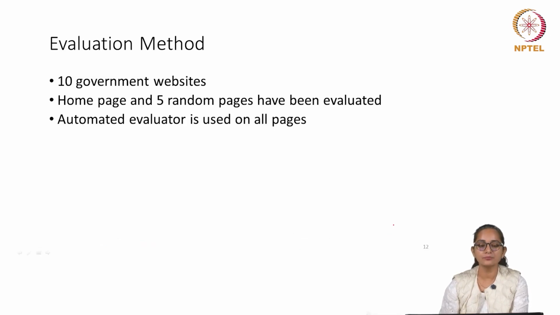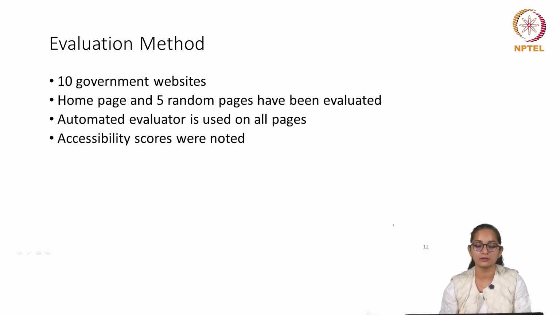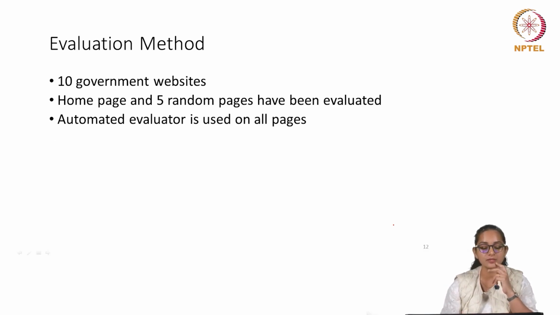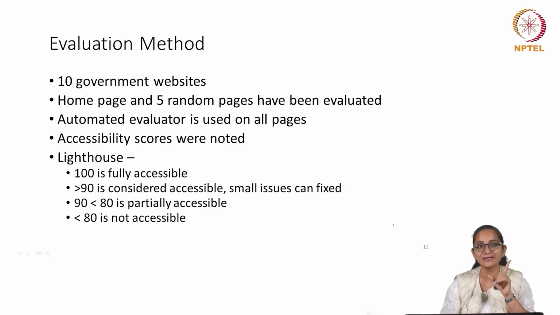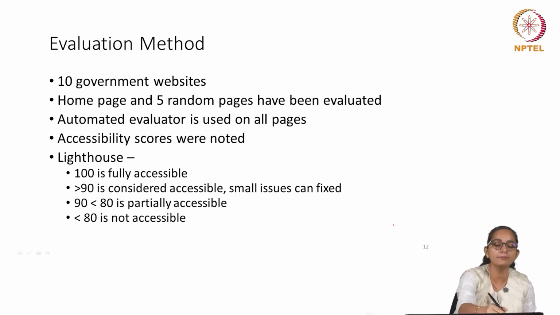So, in this example, 10 government websites were evaluated, with their home page and 5 random pages, and an automated evaluator was used on all pages, and their accessibility scores were noted. Google Lighthouse generates a report where it gives you a percentage or a score. If it is 100, it is fully accessible.